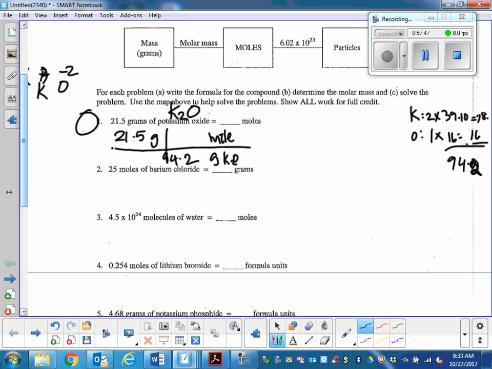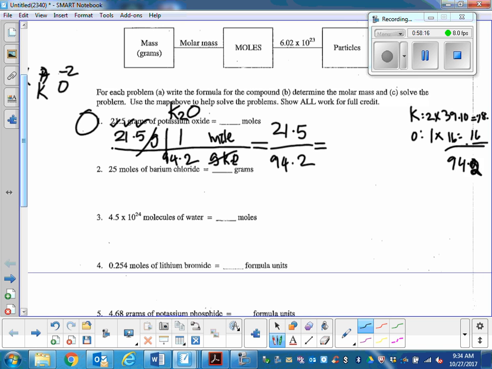Which is equal to 1 mole. Now you have 21.5 divided by 94.2. Grams cancel. What is the answer then? You have to report to how many significant figures? 3 significant figures. What is your number of moles to 3 significant figures? Thomas, you're writing this down?